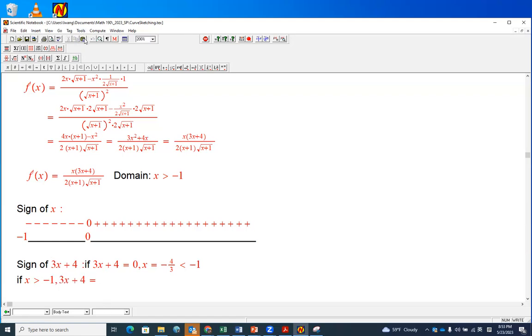If I substitute x by -1, 3 times -1 plus 4 equals 1, which is positive. For any x larger than -1, 3x plus 4 is always positive.